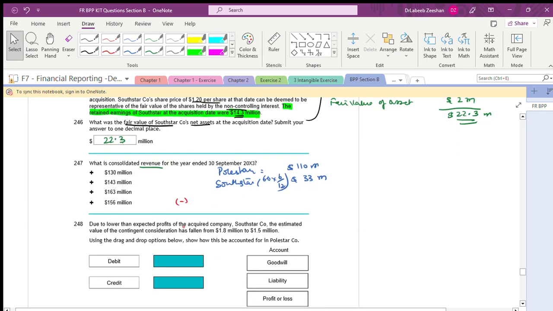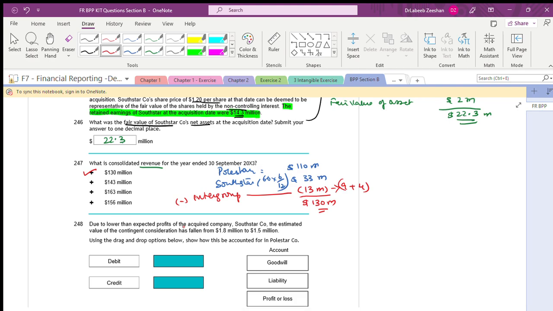Intergroup is 13 million. Is it right? 9 plus 4. It comes to how much? 143 minus 13. It comes to 130 million.